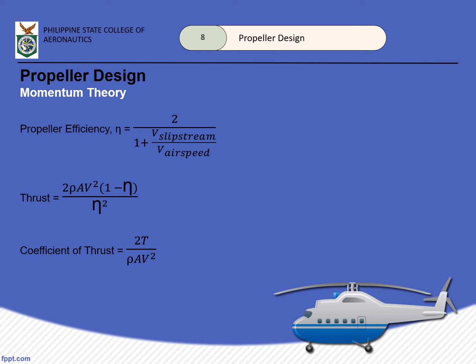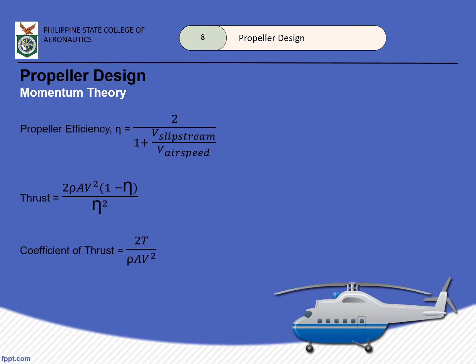Okay, so again, yung derivation nito would be discussed separately. But yeah, you pretty much have to focus on it lang. And to apply the idea of this formula, we would be having sample problems. So the second is thrust in terms of propeller efficiency and the coefficient of thrust.